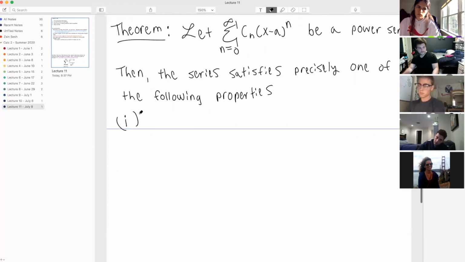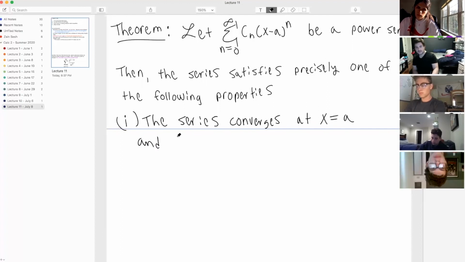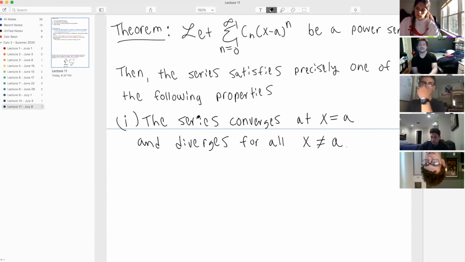1. The series converges at x equals a and diverges for all x not equal to a. So this is just telling us that it could be the case that it converges just at the center of the power series, in which all the terms are 0, because if I plug in x equals a, I get 0.